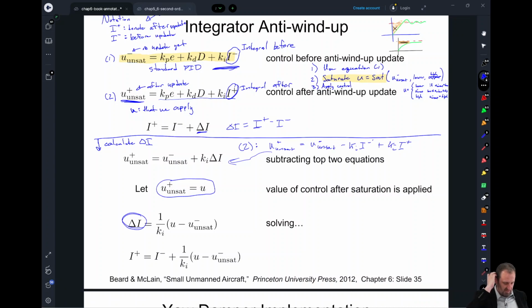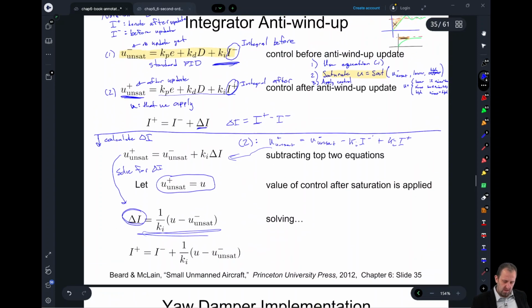So we say, hey, this delta I is equal to 1 over K I times U minus U unsaturated. And that's just by solving for this equation, right? So we now solve for our delta I, and we get this relationship right here.